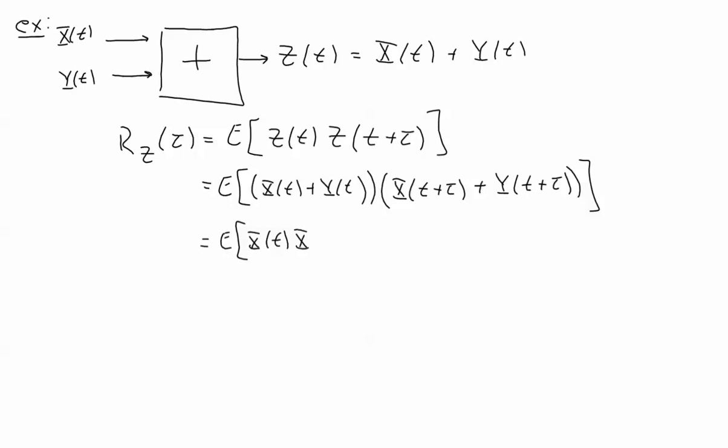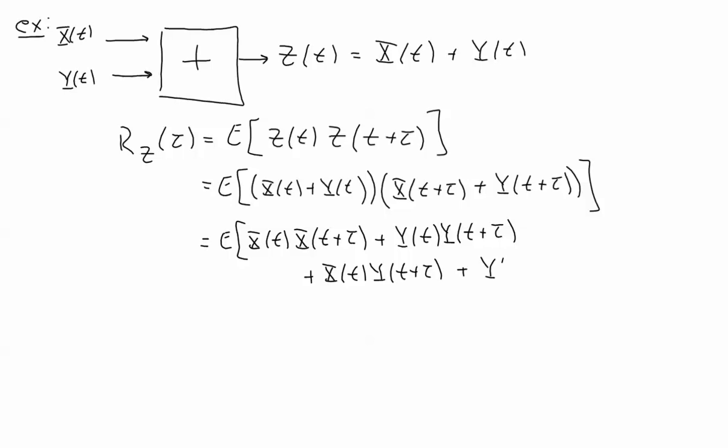x of t x of t plus tau plus y of t y of t plus tau plus x of t y of t plus tau plus y of t x of t plus tau. All right. And then we keep in mind that the expectation of a sum is the sum of expectations.